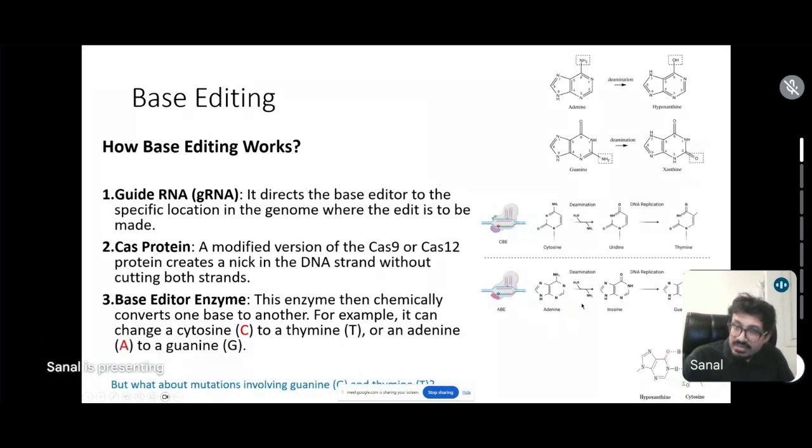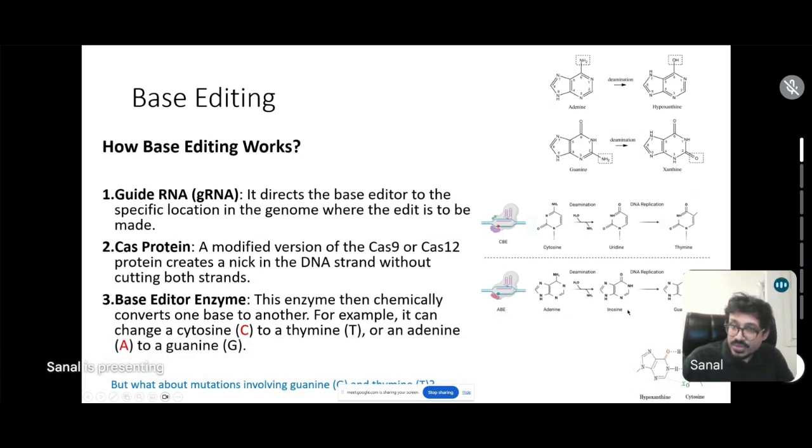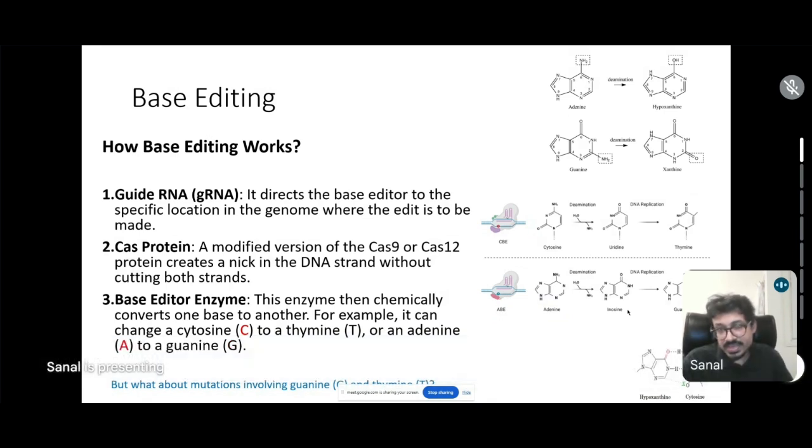So similarly, adenine will be deaminated to inosine, and during the replication of the DNA, that peculiar strand will, due to base pairing, be converted to guanine. So essentially, you can convert adenine to guanine the same way as I told about cytosine.